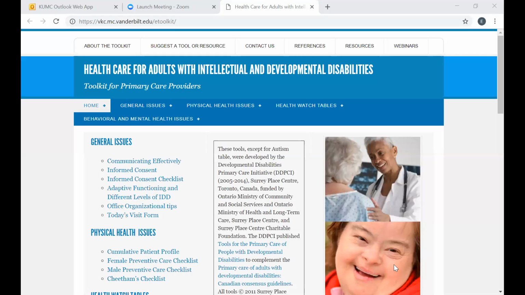Okay. All right, so here's the website. And actually it's really easy to use, and I didn't know about this till Kathy showed it to me, but I think it's got great potential for primary care providers when you're trying to create your person-centered medical home.